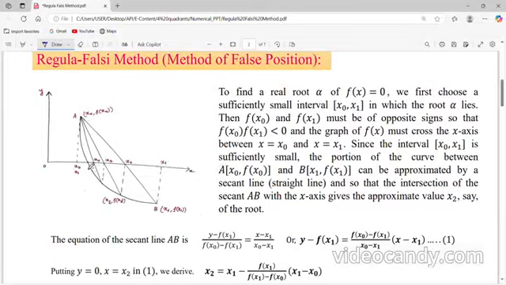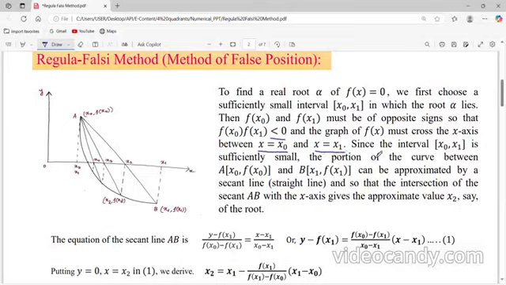Alpha lies there. Then f of x0 and f of x1 must be of opposite signs, so that f(x0) times f(x1) is less than 0, and the graph of f(x) must cross the x-axis between x equal to x0 and x equal to x1.